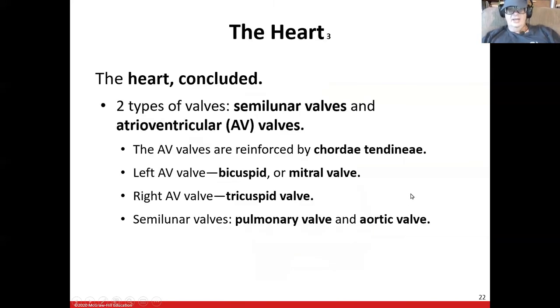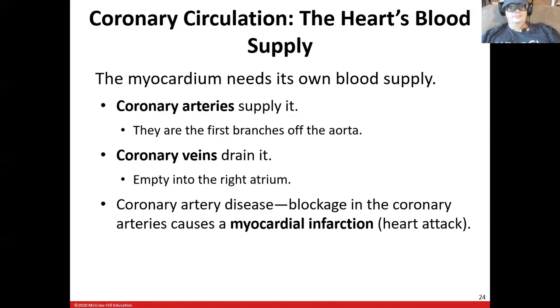So anyway, coronary arteries supply blood to the muscle. Coronary veins drain it and have horrible names. Coronary artery disease is when you have a blockage, and that could increase the chance of having an MI, a myocardial infarction, a heart attack.